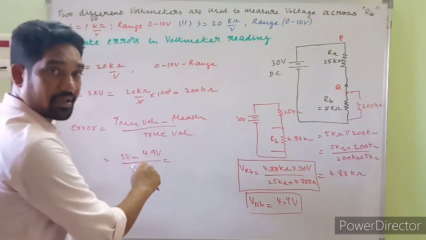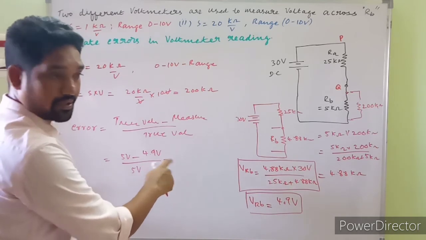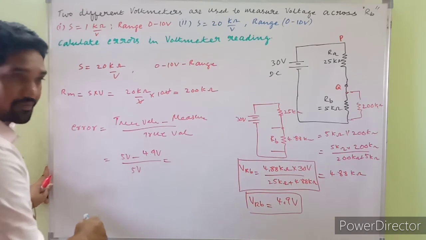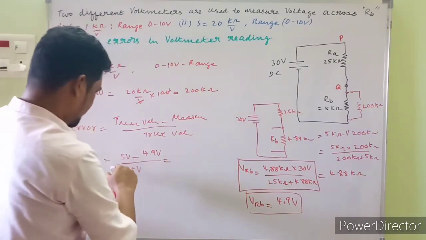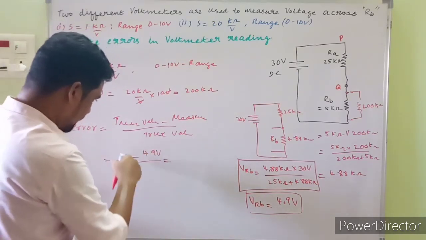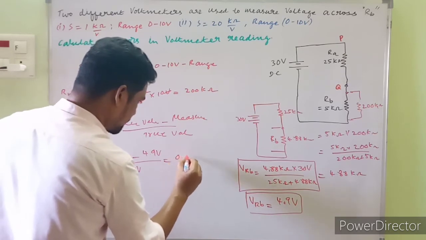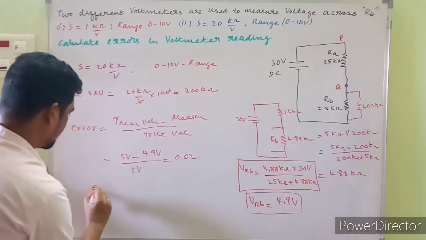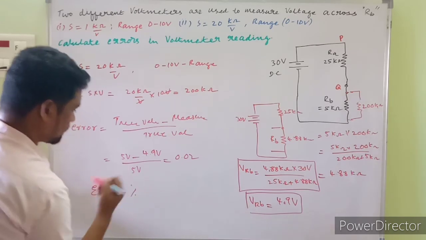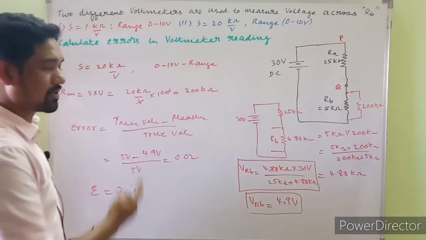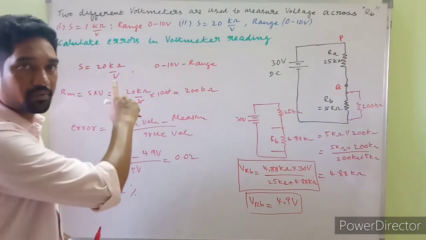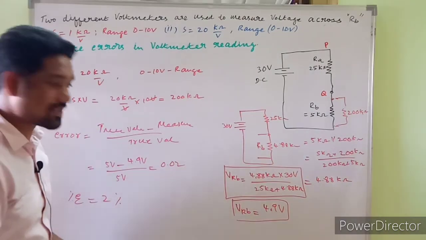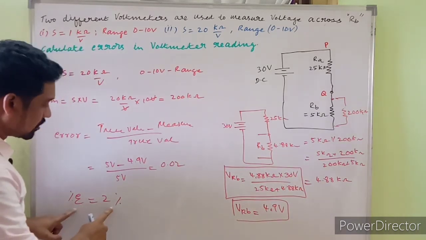Guys, previously in the error I might have made a mistake by saying it's voltage. No, the voltage gets cancelled, it's a constant value. Simplifying this, the error is 0.02, which is nothing but 2%. Previously it was 30% for the first meter. Now for the second meter it's 2%. More precisely, the percentage error is 2%.